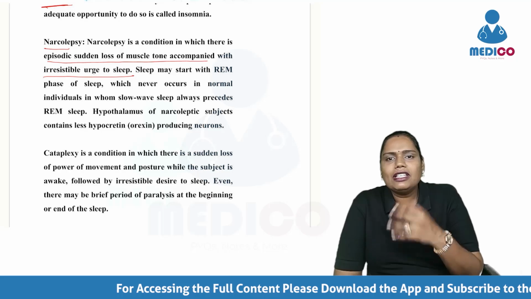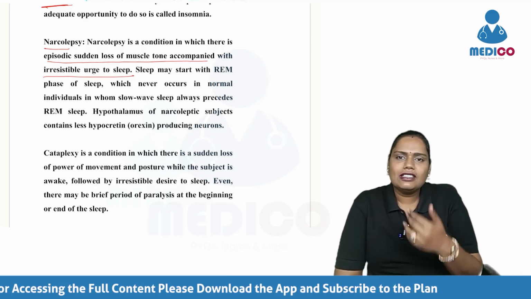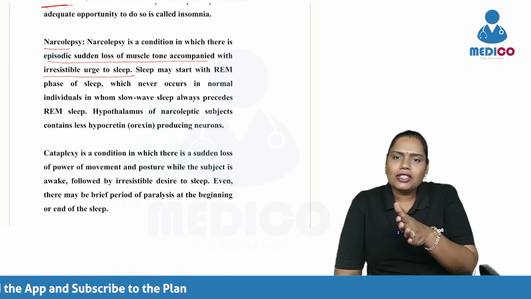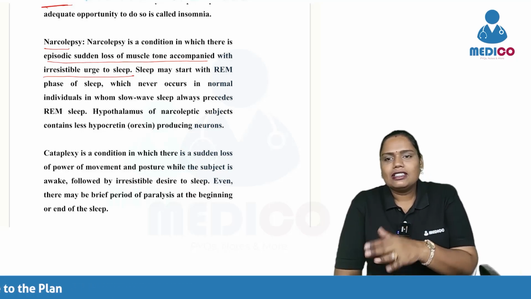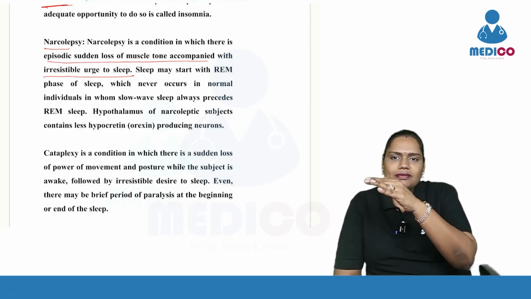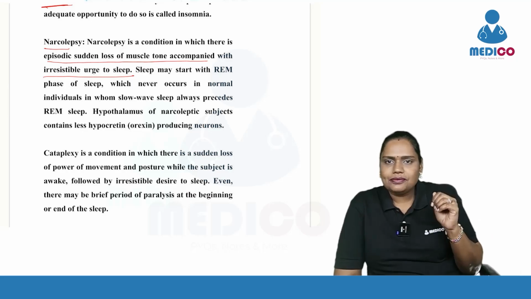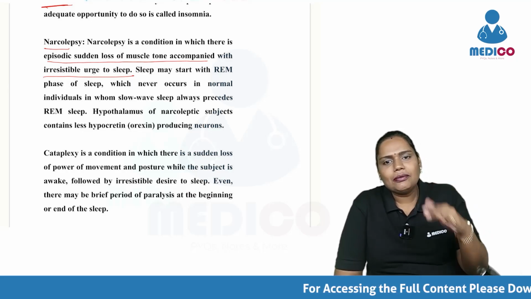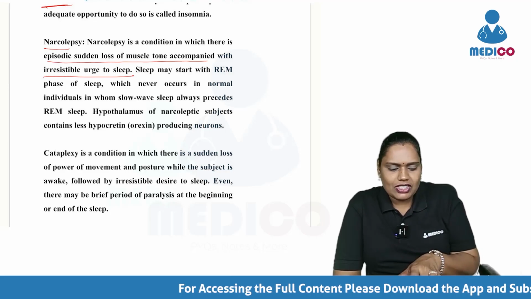Normally, for a normal person, the sleep will progress from awake, drowsiness, stage 1, 2, 3 of NREM sleep, then again stage 3, 2, 1, then only REM sleep will come. But in a person with narcolepsy, they will directly sleep in the REM phase, which is very characteristic.